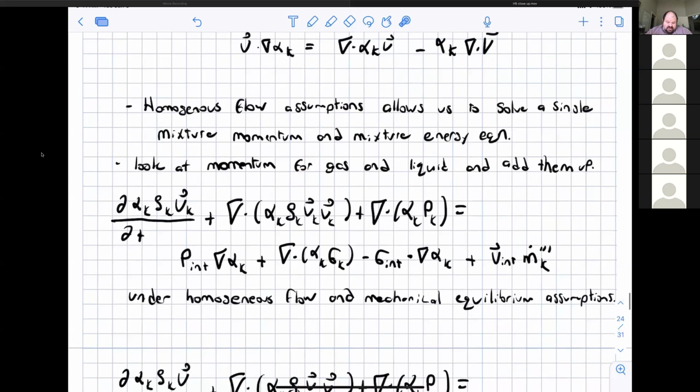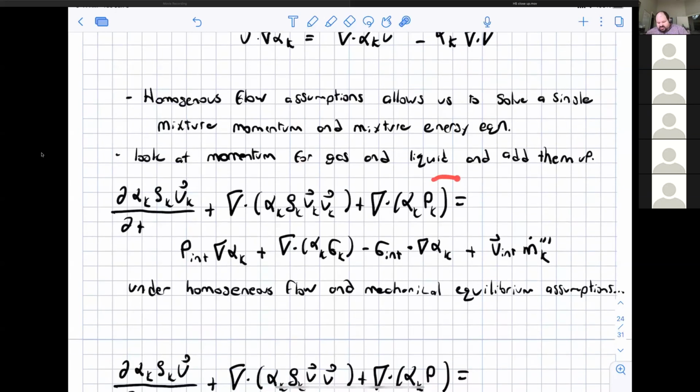So here's conservation of momentum for phase k. For demonstration purposes, I'm just going to assume gas and liquid, so two phases, and then we just add them up. Now what we can do for our assumptions here is assume that P_k is P, because the pressure for all the phases is the same.